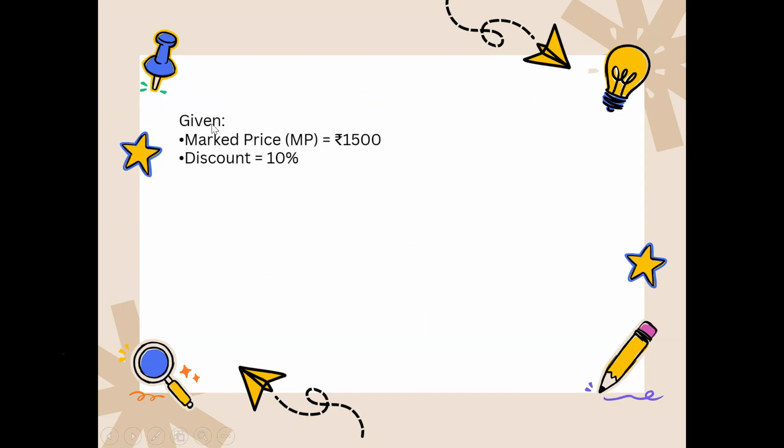So first given is mark price 1500, discount is 10%. Okay, next, the first step is we have to calculate the discount amount. So 10% of 1500, that is 10 divided by 100 of 1500 that we have to calculate.